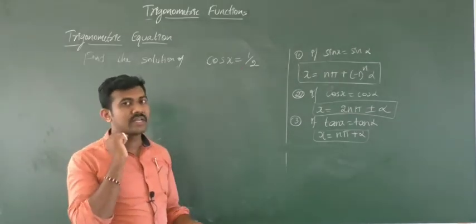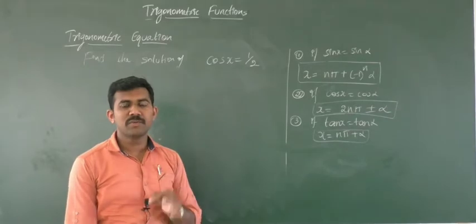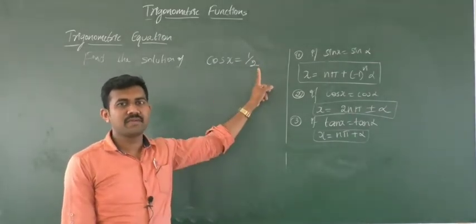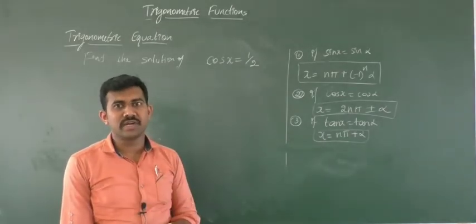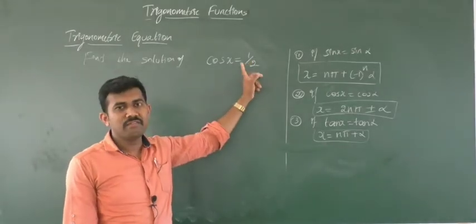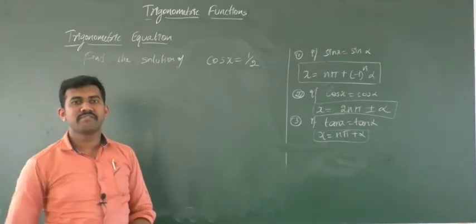When cos x has the value half, in the first quadrant we clearly get a positive value. Cos is positive in the first quadrant, and cos 60 degree is half. Similarly, cos will be positive in the fourth quadrant, isn't it? So again we can find another solution of this equation, which means we can find the principal solution like that.